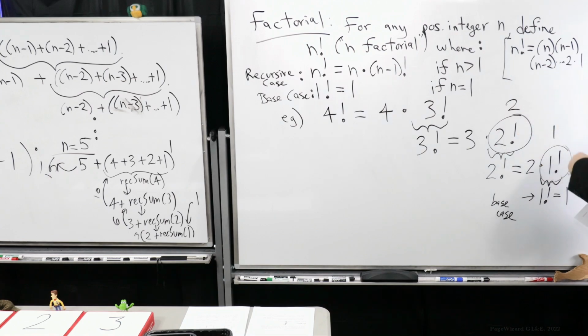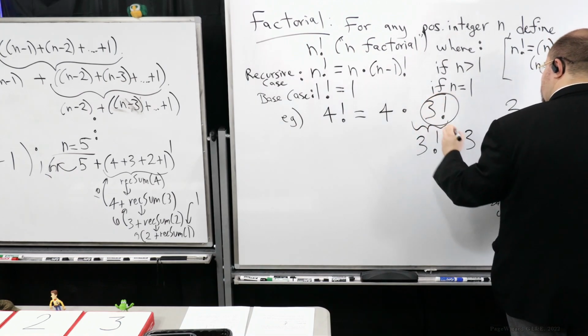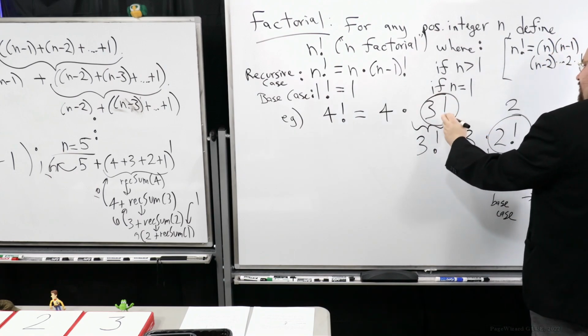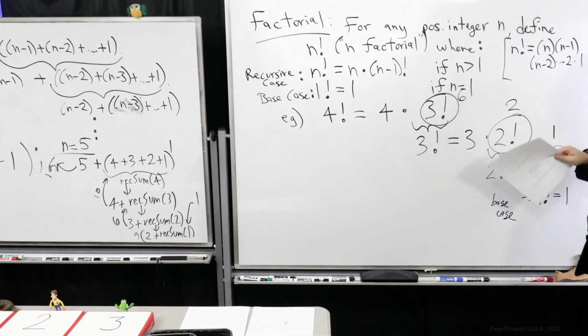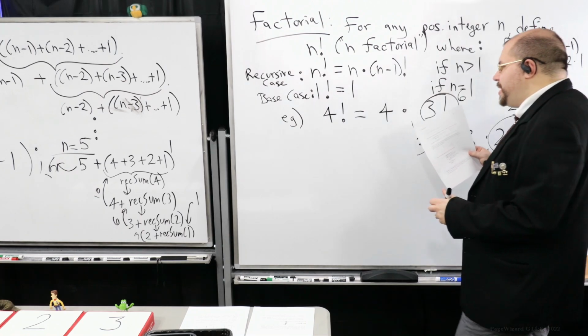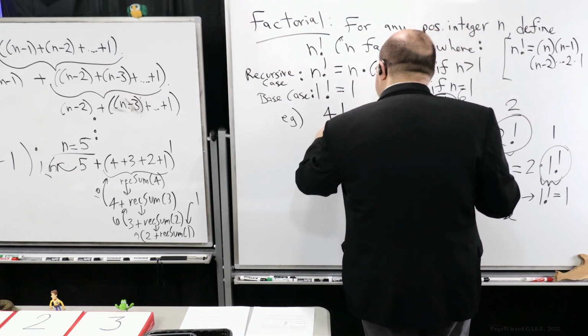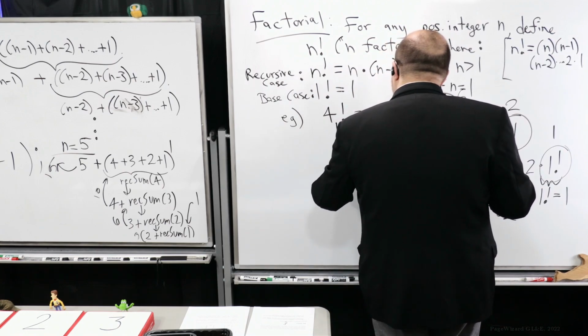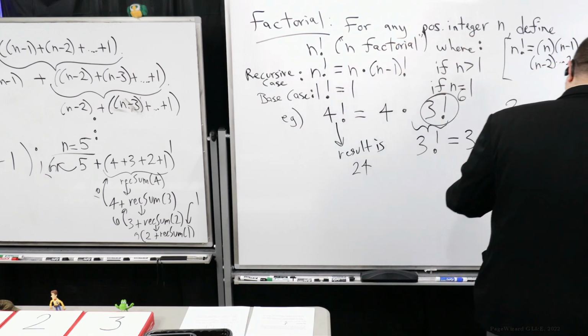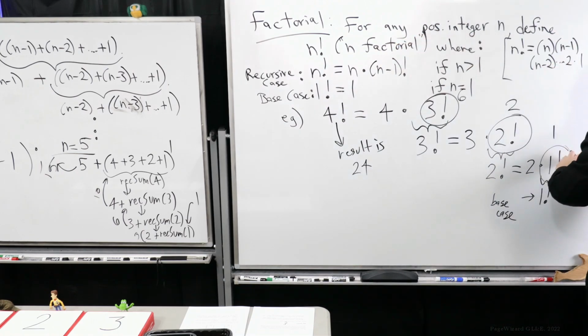Well, 3 times 2, that's 6, right? So to answer 3 factorial, it's 6. And 4 times 6 is what? It's 24. The point is that every time I get one of the answers, I can pass it along to answer the question for each one of these.